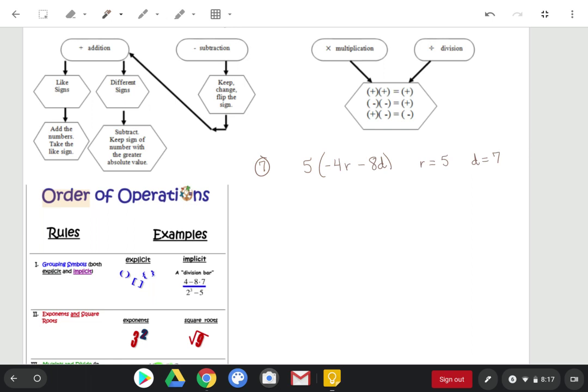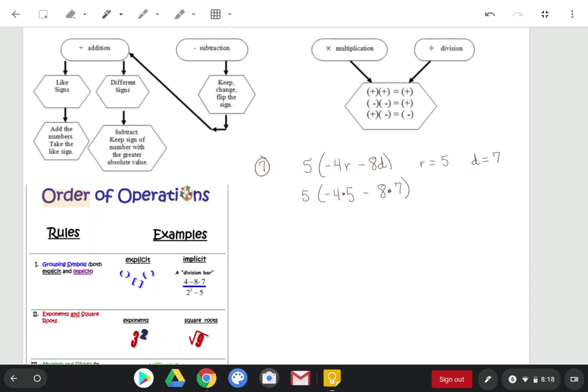So the first thing I'm going to do is substitute in the value for the variables. So that would be 5 minus, and that negative 4 beside the r indicates multiplication. So it's minus negative 4 times, and r is 5, minus 8 times, and d is 7. Okay, so now we need to start using order of operations.